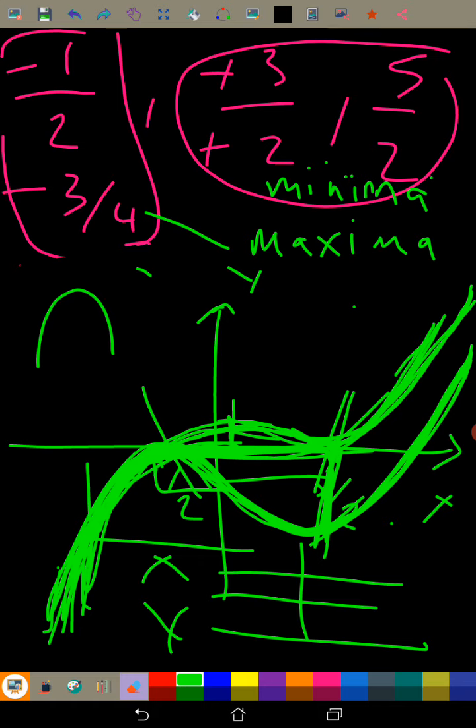And this is not on the x-axis. Y is not zero. It's negative something. So it should be like this, and then this one is positive, and here it's also positive.